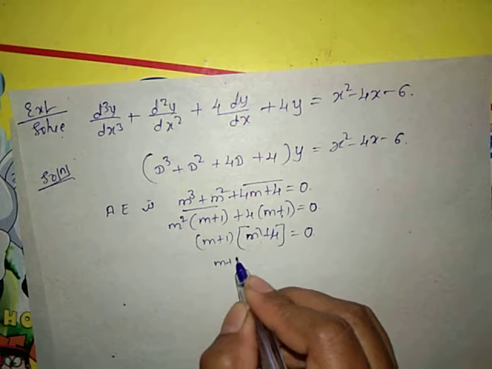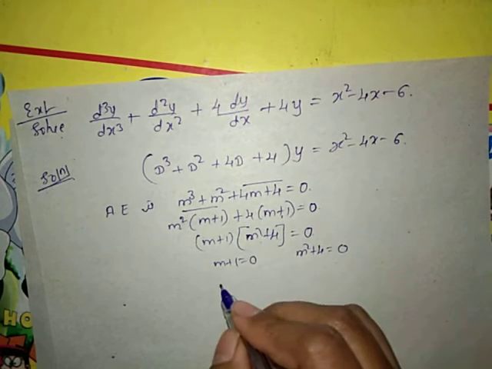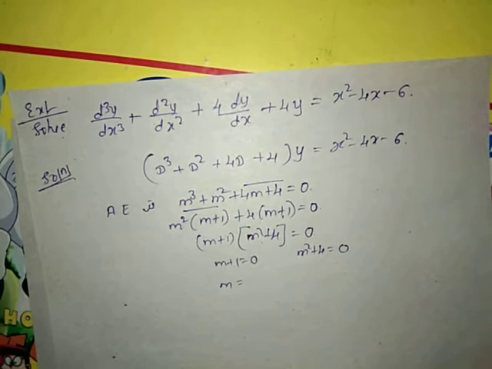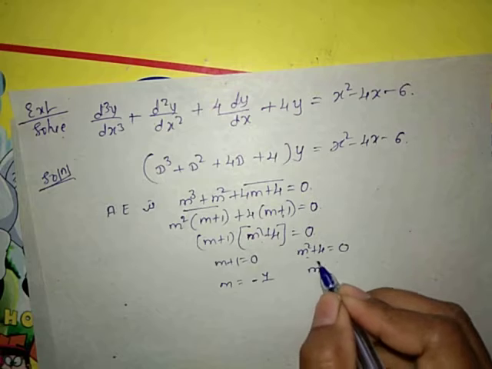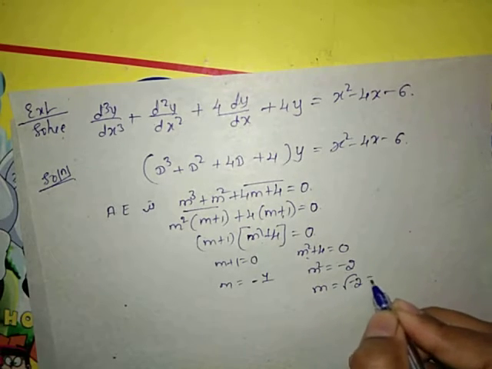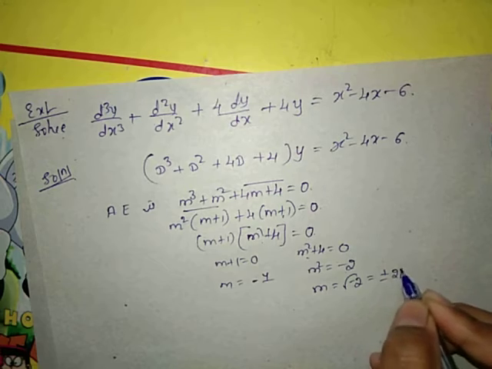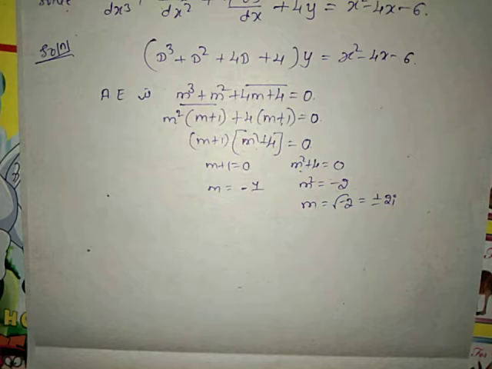So m plus 1 equal to 0, m square plus 4 is equal to 0. So m plus 1 equal to 0 implies m equal to minus 1, m square equal to minus 4, m equal to square root of minus 4, equal to plus or minus 2i. So m equal to minus 1, m equal to plus or minus 2i are the roots of the auxiliary equation.